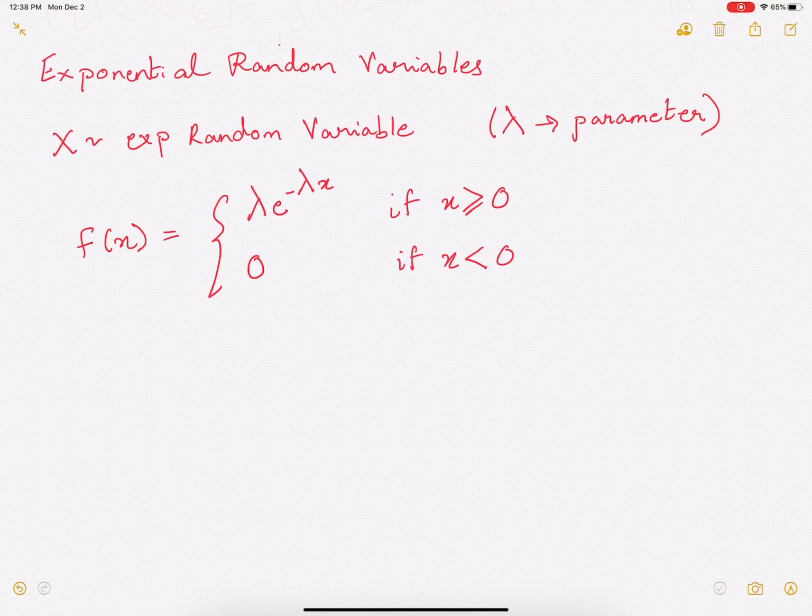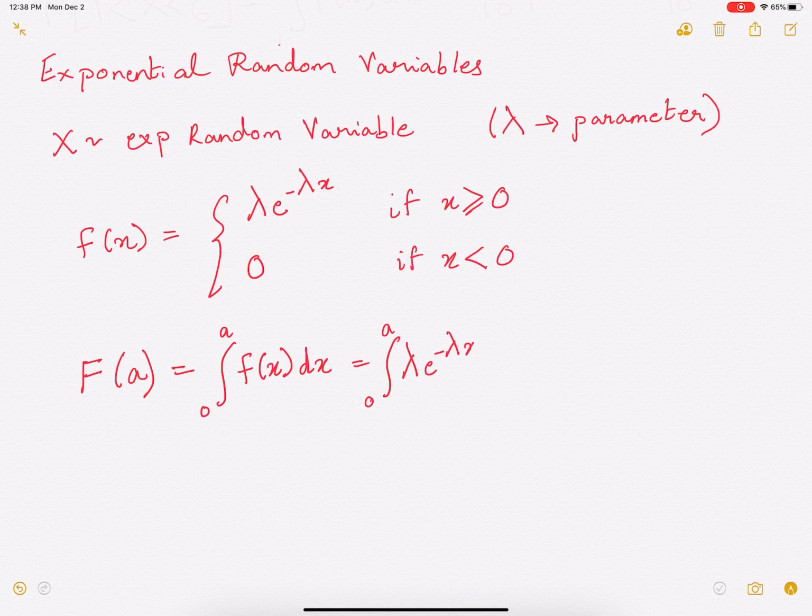Okay. Now, how do we calculate the cumulative distribution function, or CDF, of X? That is given by capital F, and you can calculate it this way. Basically, you have to integrate between 0 and a. So F(a) is the integral from 0 to a of f(x) dx, and here f(x) is lambda e to the power minus lambda x.